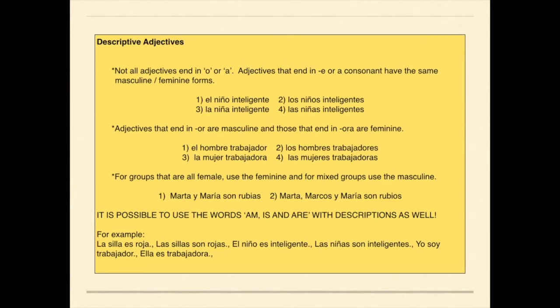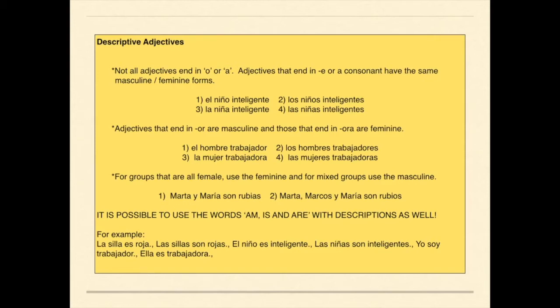Moving along, for groups that are all female, use the feminine, and for mixed groups, use the masculine. For example, number 1, Marta y María son rubias. So Marta and María are blonde. So here we have a group of 2 females, so we're going to use the female and plural form of the adjective rubia.